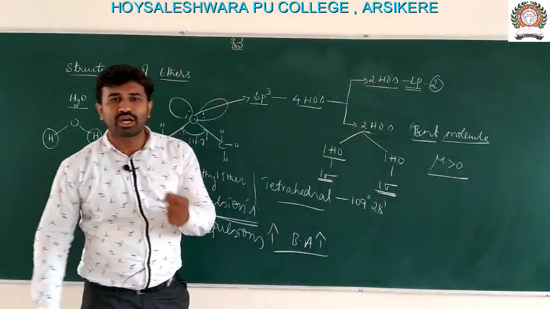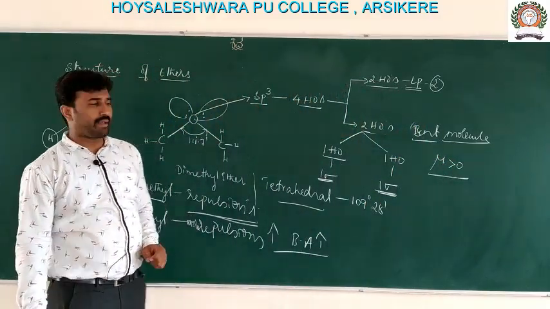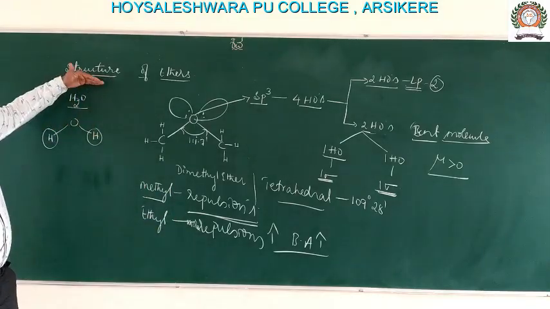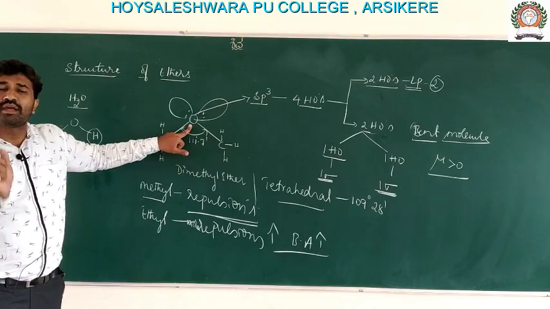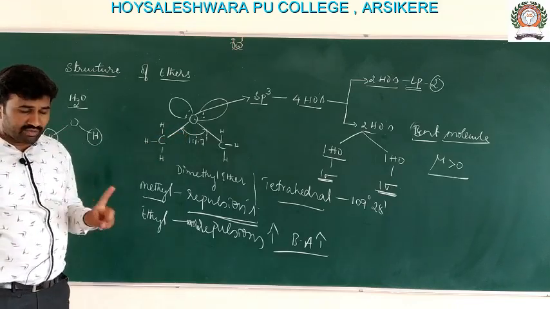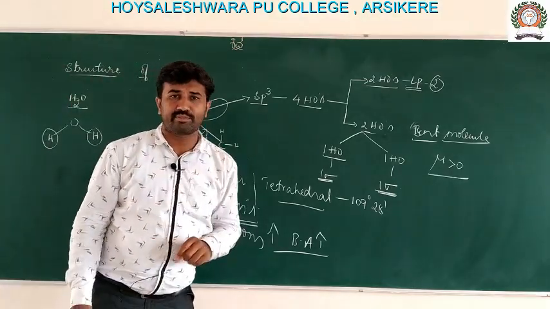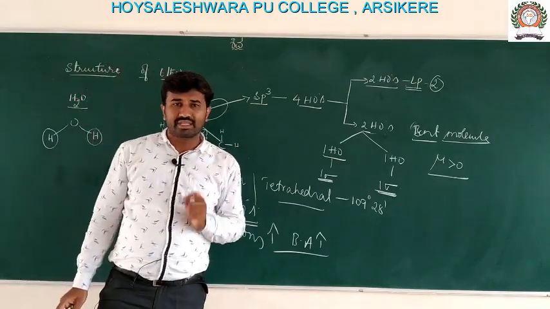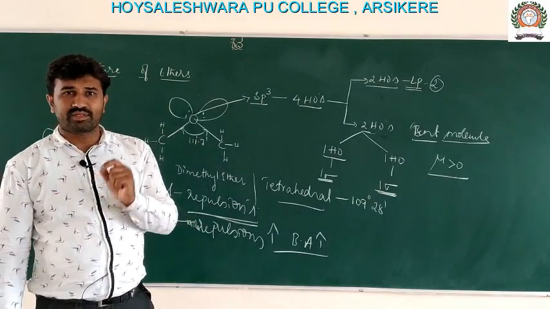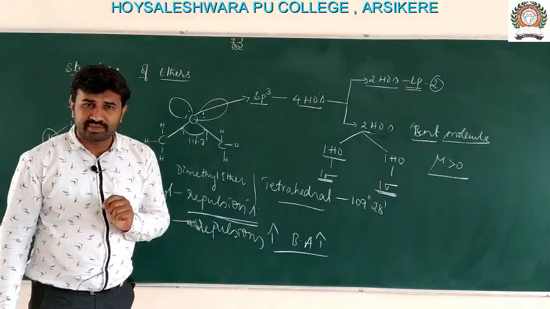Remember these things. Structure of ethers: the oxygen atom in ethers is sp3 hybridized. Remember, this is for 1 mark. It is very important. What is the hybridization state of oxygen atom in ethers? It is sp3 hybridized.